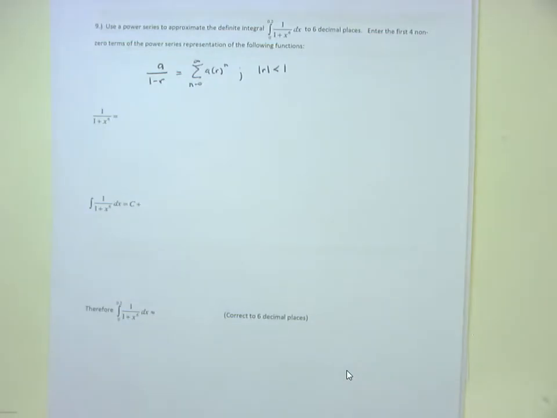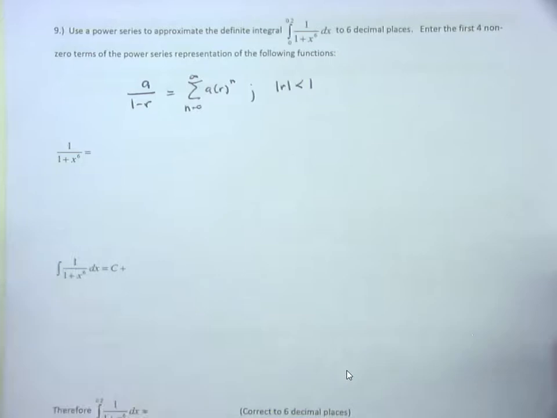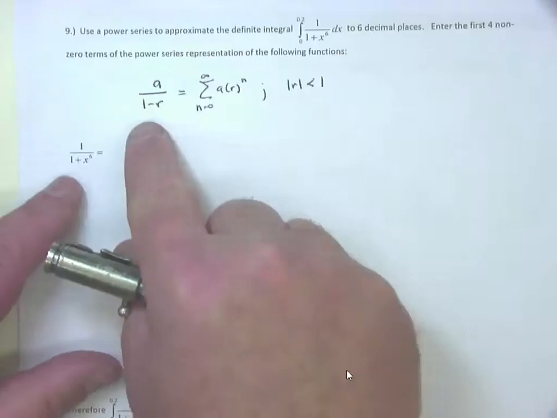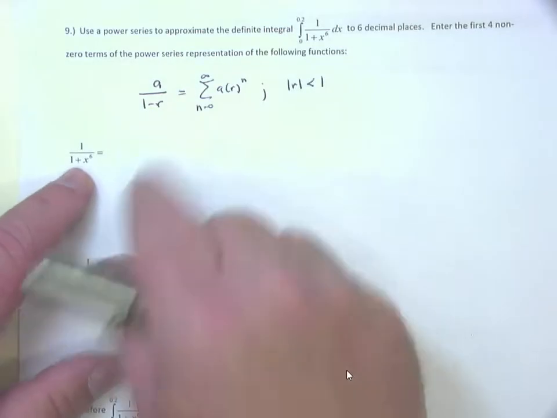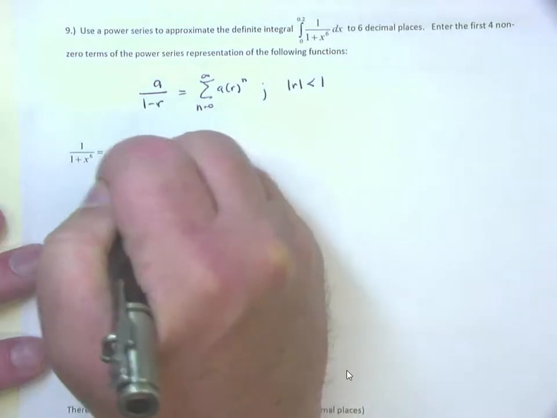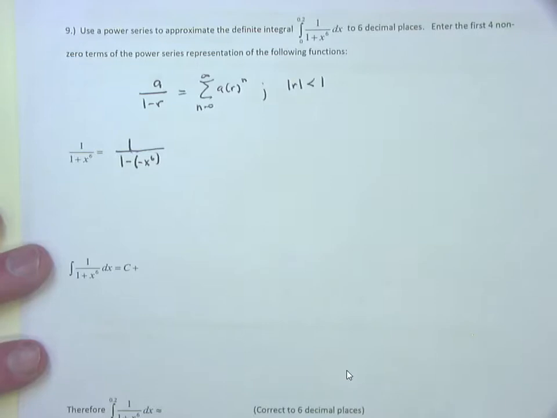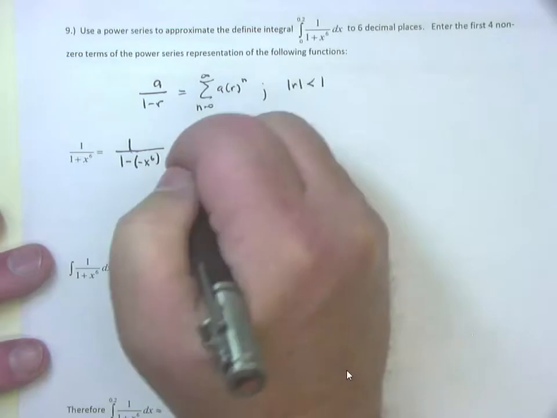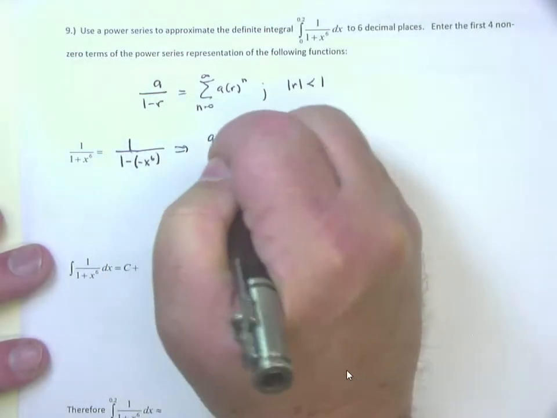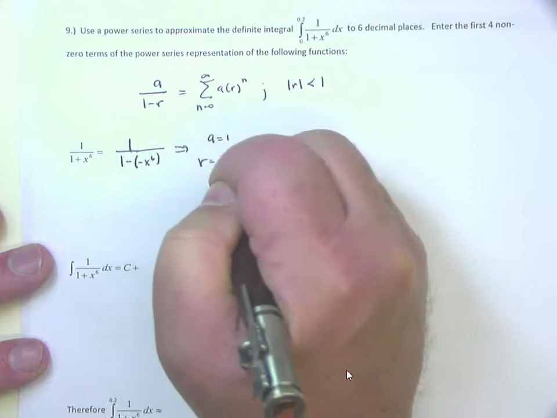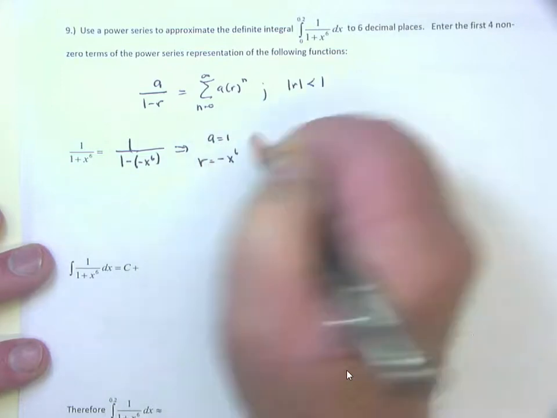So, if I look at this first guy, as I blow this stuff up for you guys, okay, the first one, I got the 1 in the right spot. Problem is the sign. So this turns into 1 over 1 minus negative x to the 6th. Does that make sense? So, when I write this out, a is equal to 1, r is equal to negative x to the 6th.